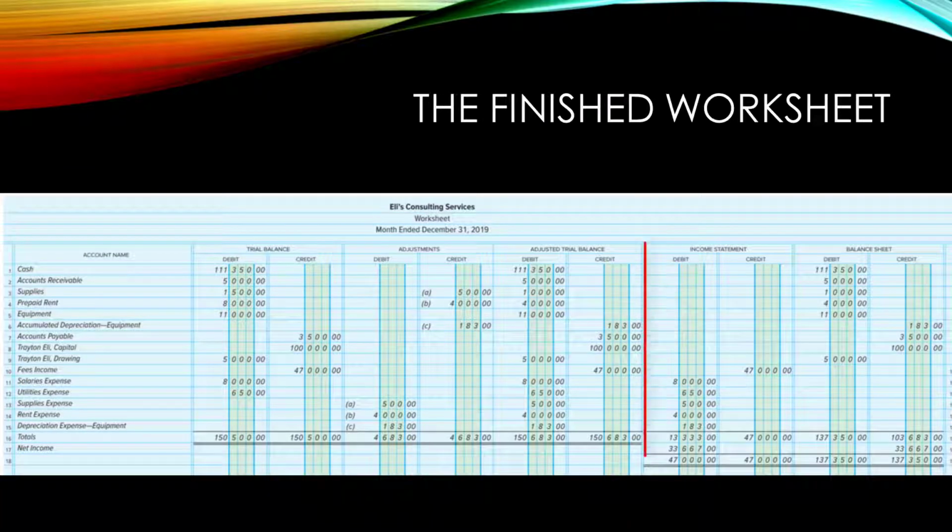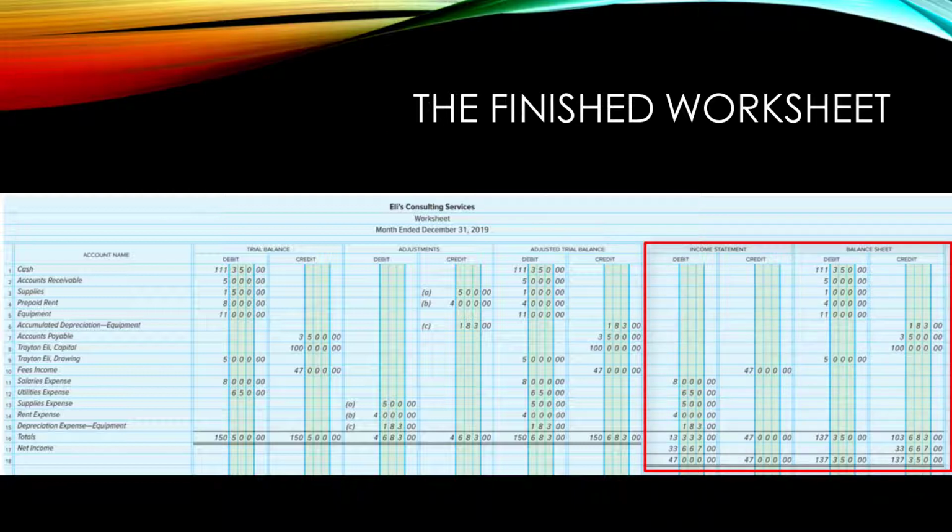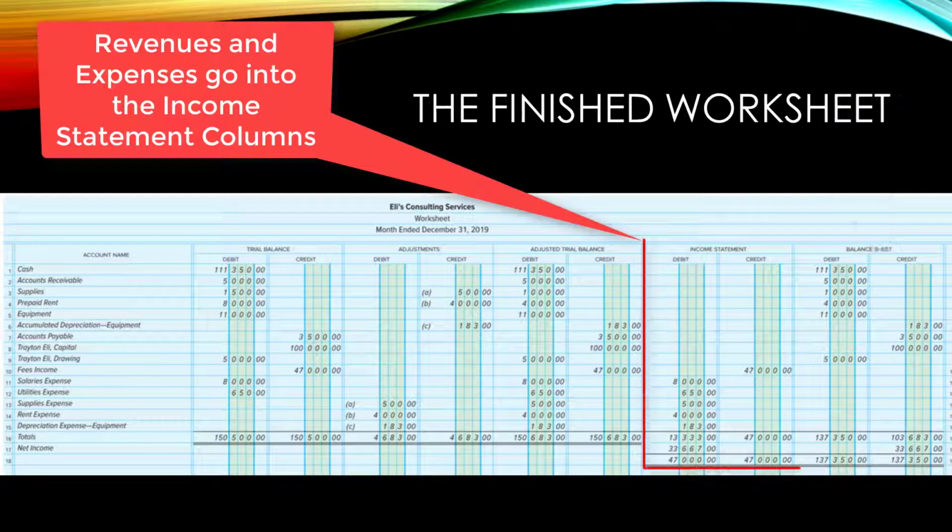The last 4 columns are a preview of what the financial statements may look like. Every number from the adjusted trial balance columns must be dropped in either the income statement columns or the balance sheet columns. The revenues and expenses are dropped in the income statement columns.